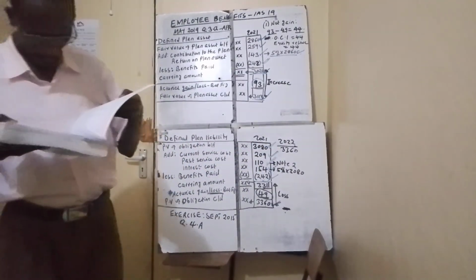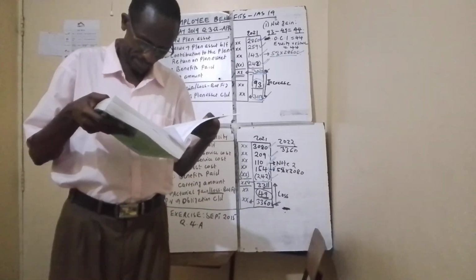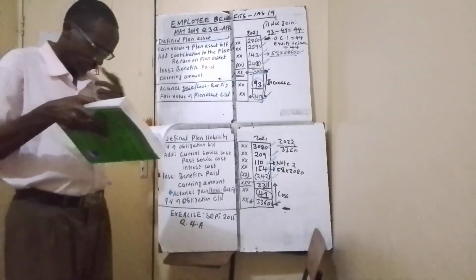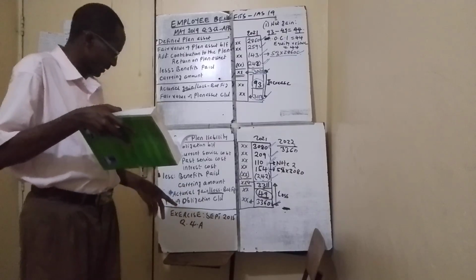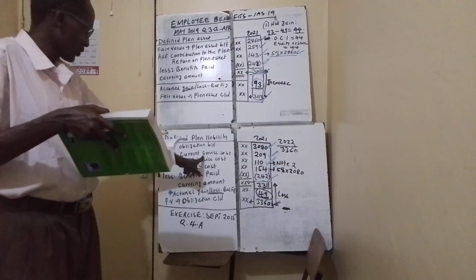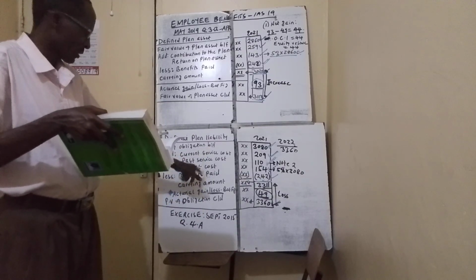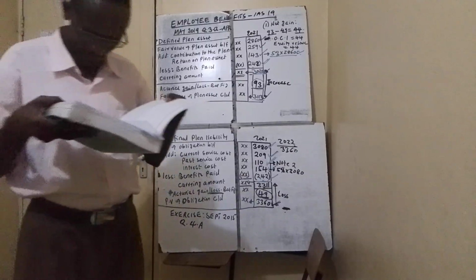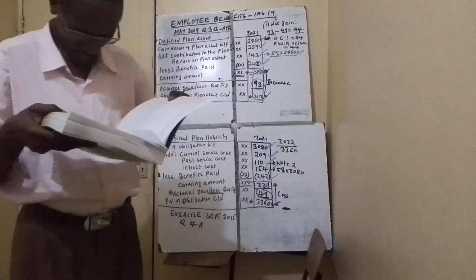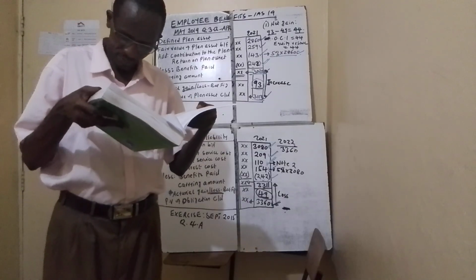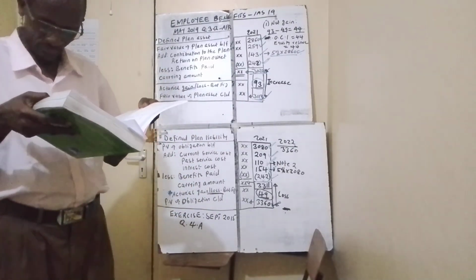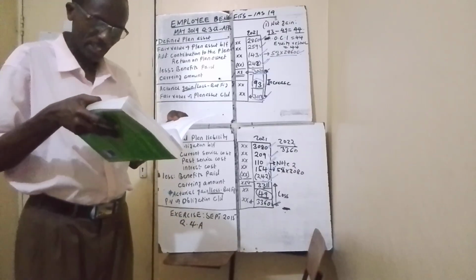Then you are told the actuary estimated current and past service costs. The same. You are given what? Current service cost and the past service cost. You are given the actuary's estimated current and past service costs for the year ended 1st December 2014 at shillings 450,000 and 90,000 respectively.